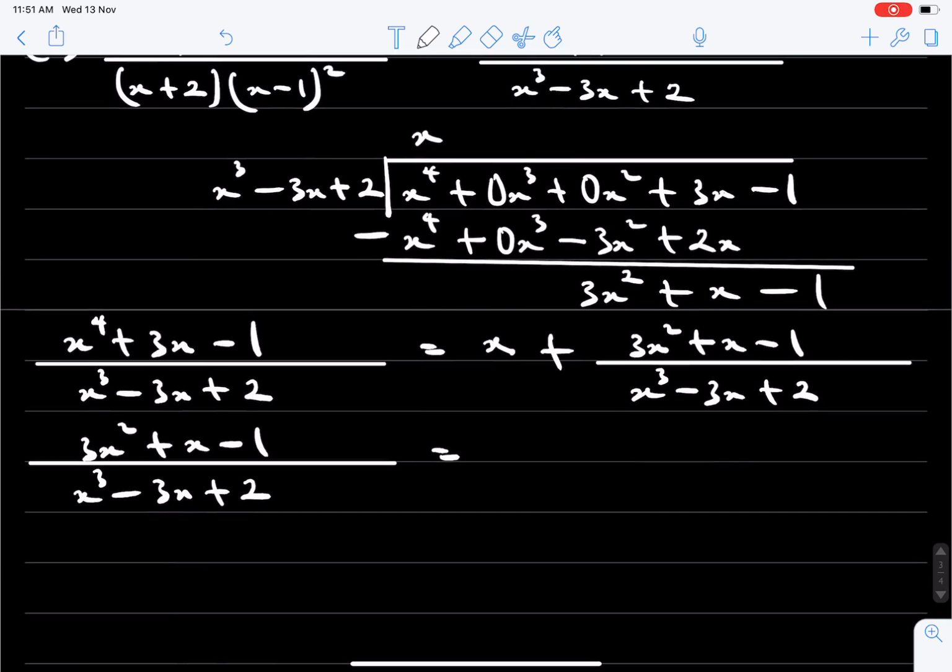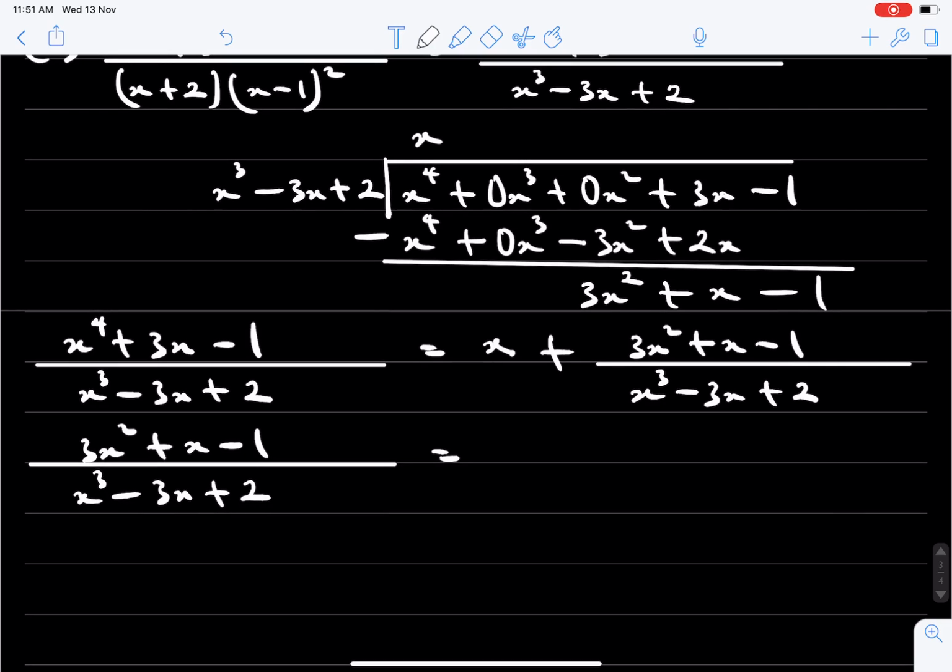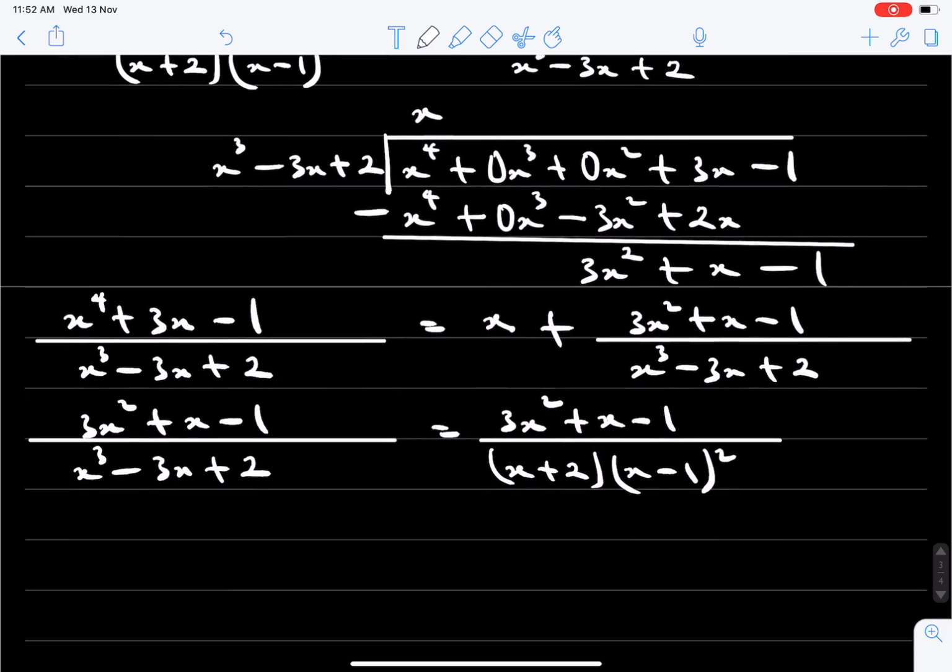I'm factorizing the denominator first of all, which I already know is the same as x plus 2 times x minus 1 squared. So this is the same as 3x squared plus x minus 1 over x plus 2 times x minus 1 squared.